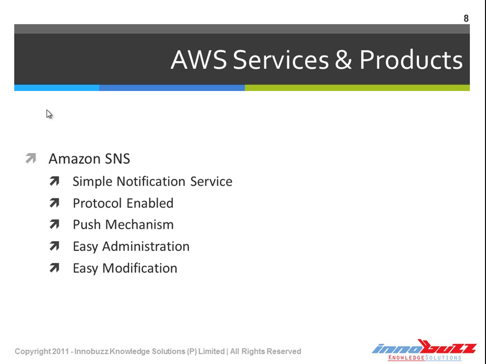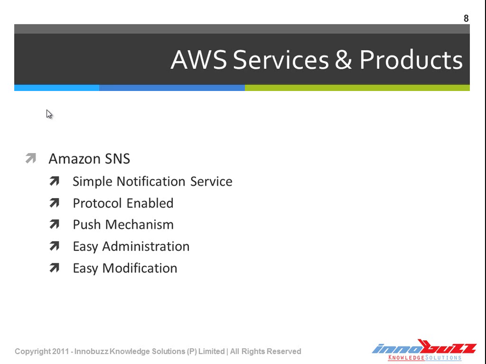Now let's go ahead and check what is Simple Notification Service under AWS apps and services. As the name indicates, Amazon SNS is a simple notification service which we use to send notifications to the user, and it is protocol enabled. The notification can be sent through SMS, through email, and also HTTP.